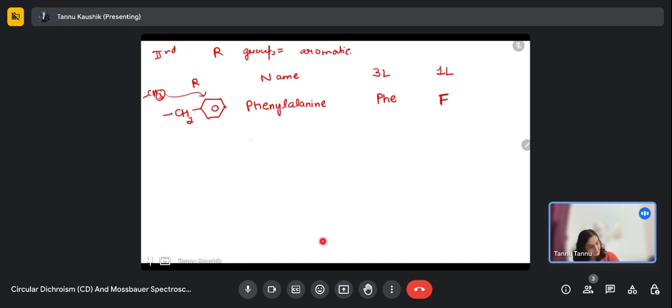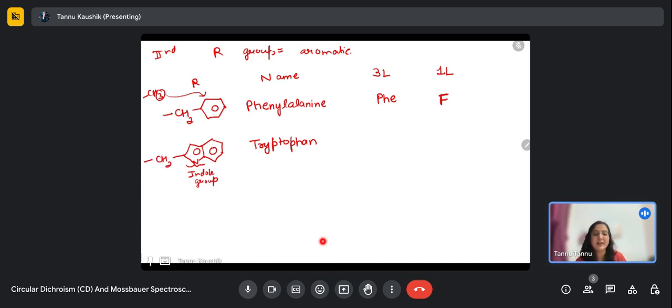Now the second one is tryptophan, which has a phenyl ring and then an indole group. This is the indole group, which is bound to CH2.